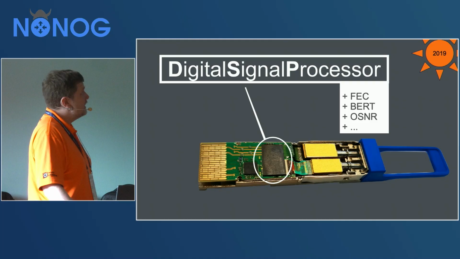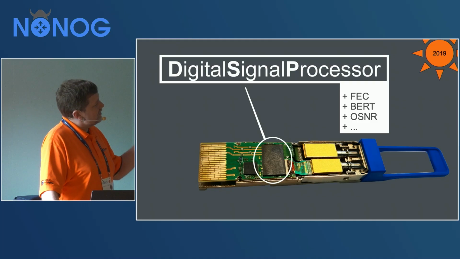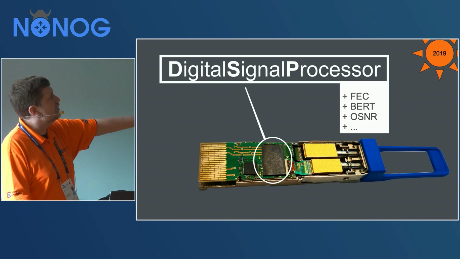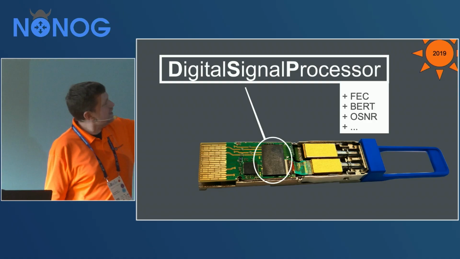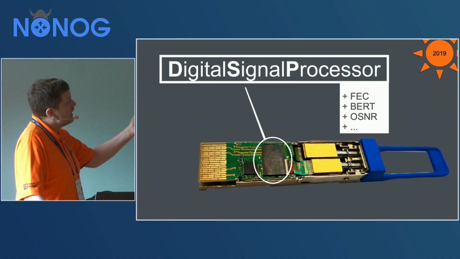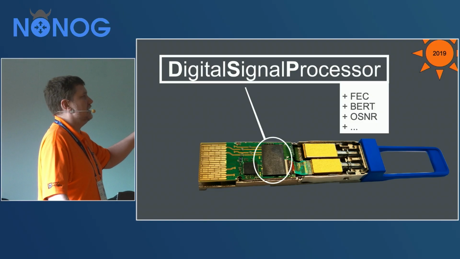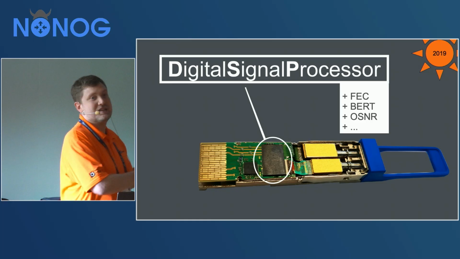The coherent ones from the past presentation are also candidates for that. They have a DSP and an MCU that drives the DSP. I was talking about the bit error rate tester, BERT, which you can run on the device. For example, you can define a bit string that is transferred from the transceiver directly.